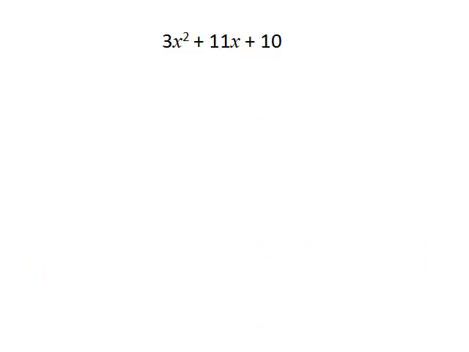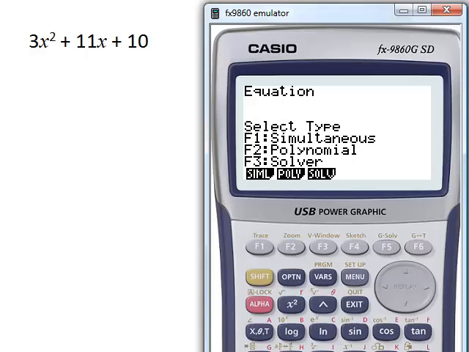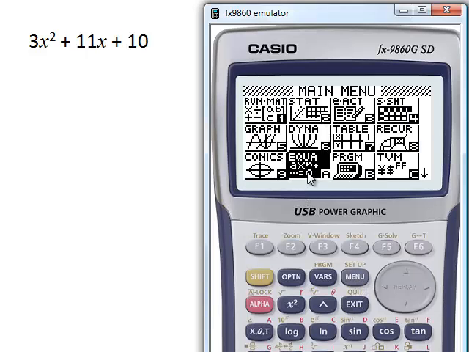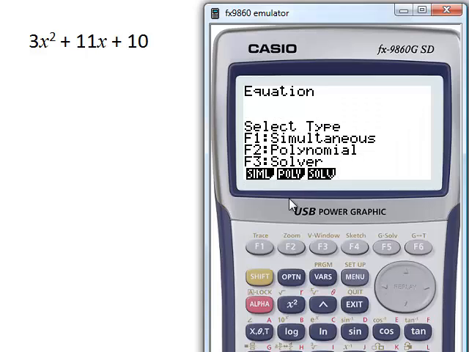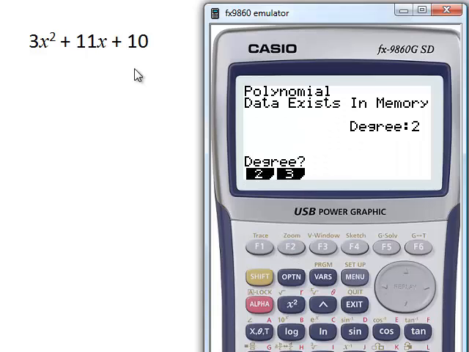We take our polynomial and we move it to the side so that we can see our calculator. Our calculator in menu, equations, gives us polynomials, because this is a polynomial and it's of degree 2 because it's x squared.